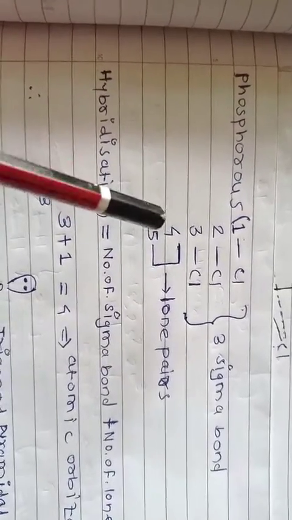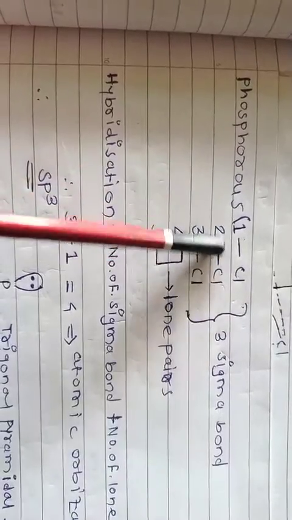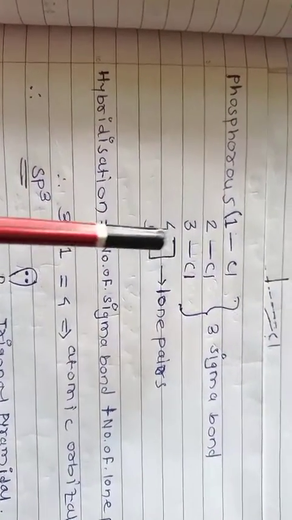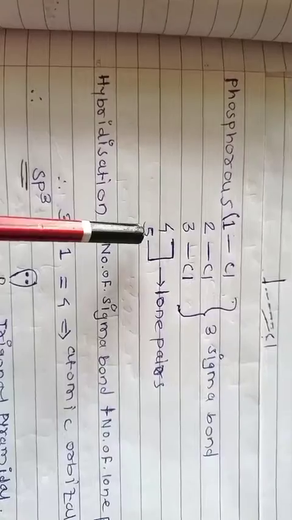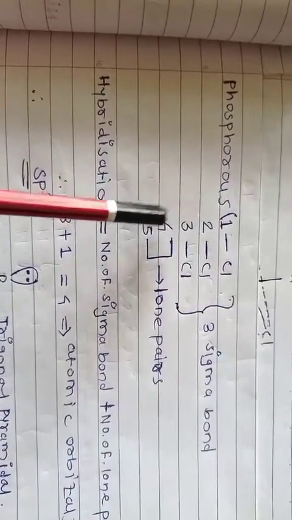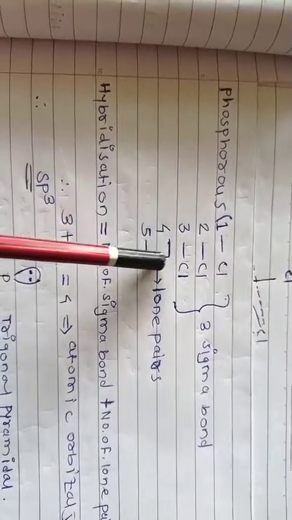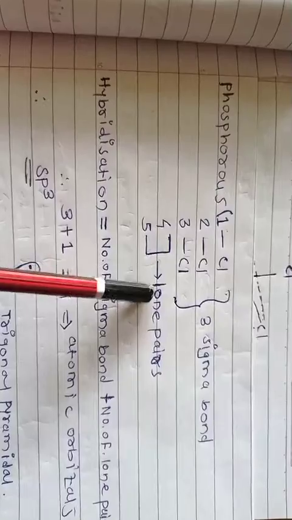In PCl3 there are 3 chlorine atoms. We know 3 chlorine atoms combine with 3 valence electrons of phosphorus. There are a total of 5 electrons, out of which 3 are utilized. The remaining 2 valence electrons form one lone pair, that is a non-bonding electron pair.